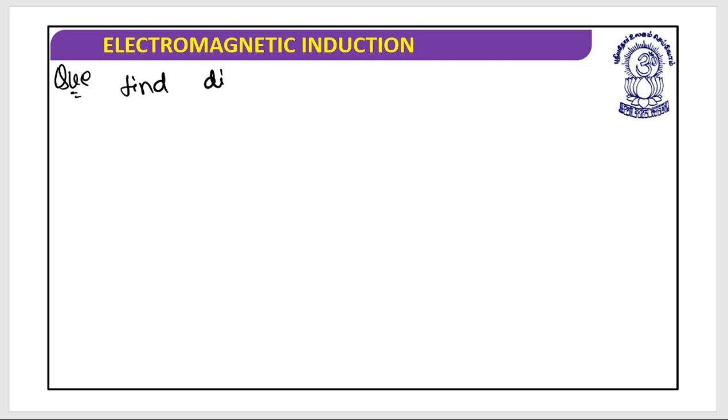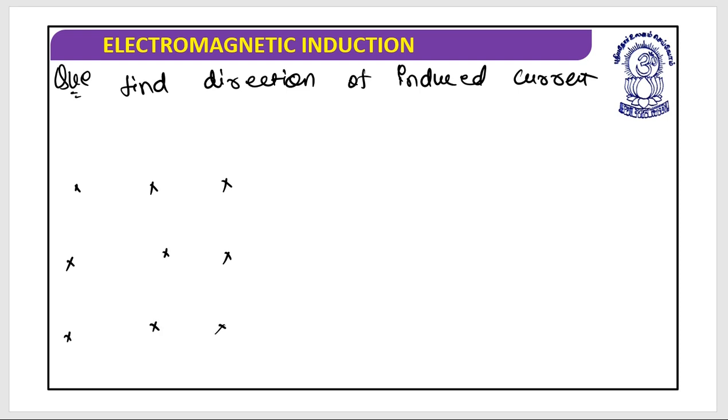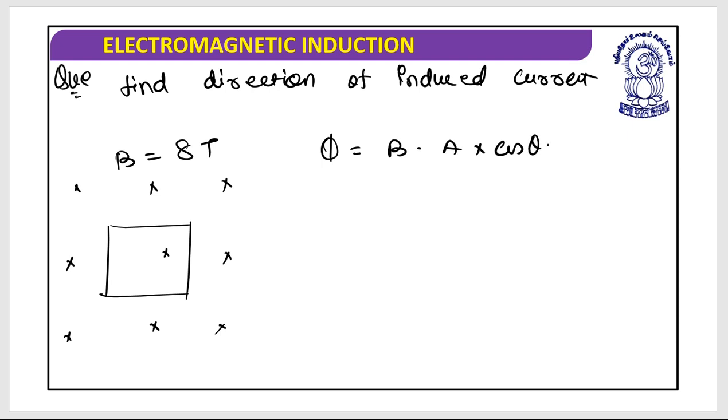Find the direction of induced current. The magnetic field is given something like this, and a square frame is there, and the magnetic field is 8 Tesla. So the flux, phi, is B A cos theta, which is 8 multiplied by L squared, where L is the side of the square.